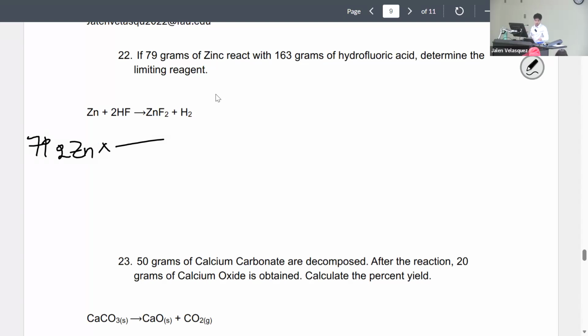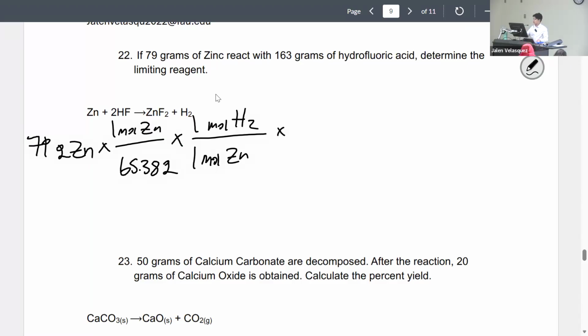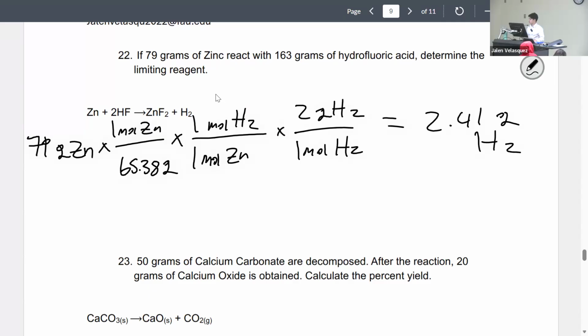I've got to convert to the moles of zinc, and then go from the moles of zinc to the moles of hydrogen, and then from the moles of hydrogen to the grams of hydrogen. So the 79 grams of zinc will yield 2.41 grams of hydrogen.